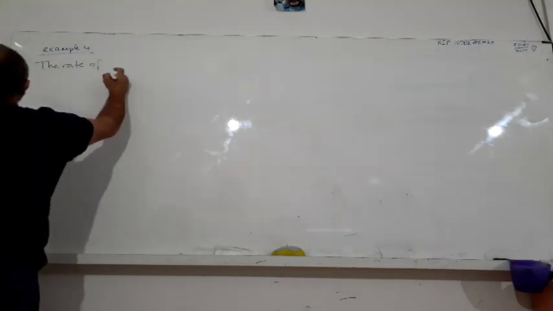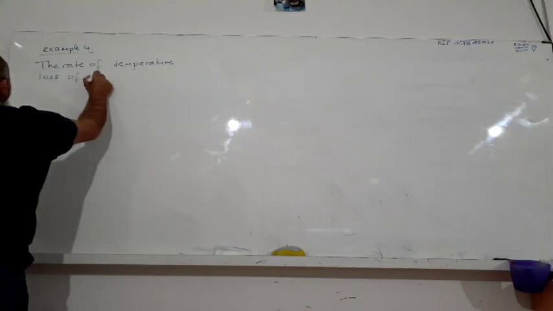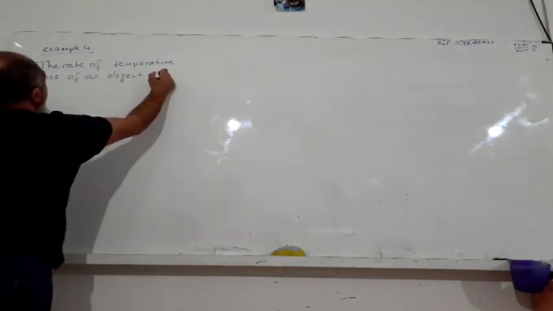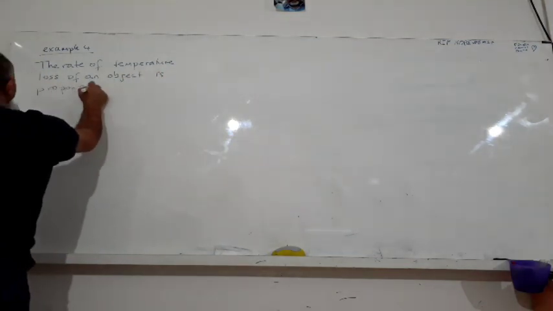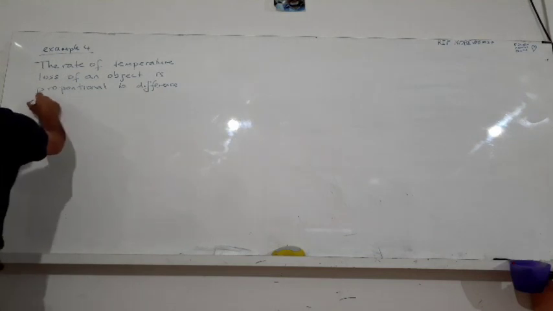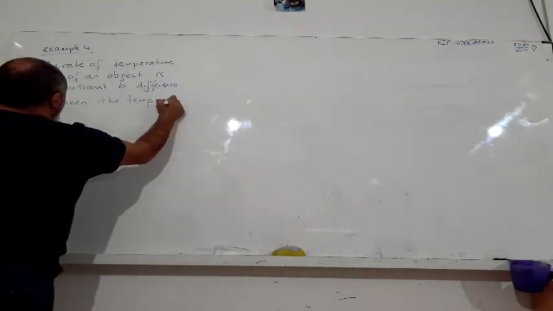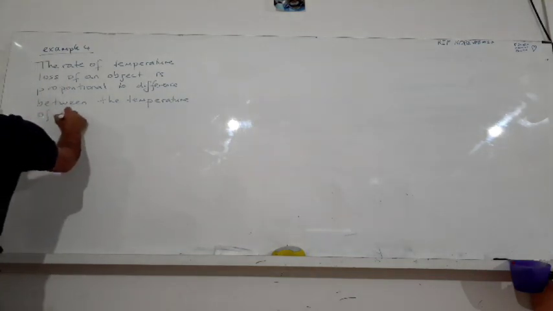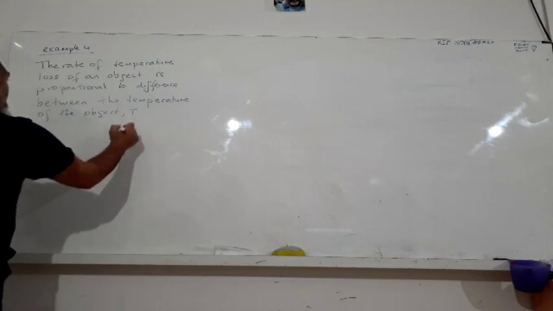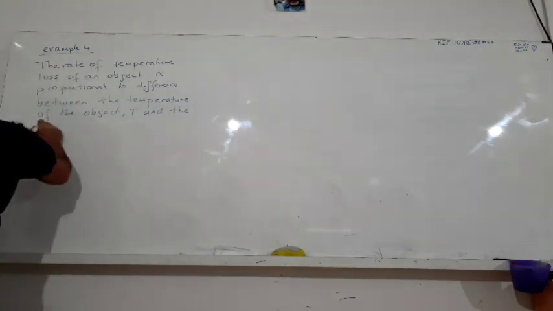It has a story. The rate of temperature loss of an object is proportional to the difference between the temperature of the object T and the room temperature.